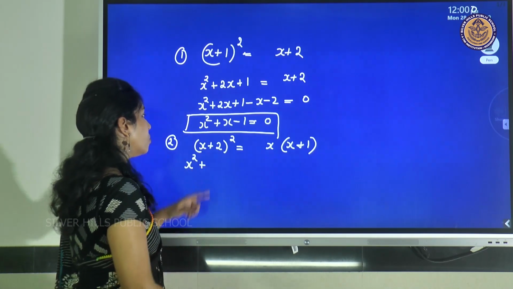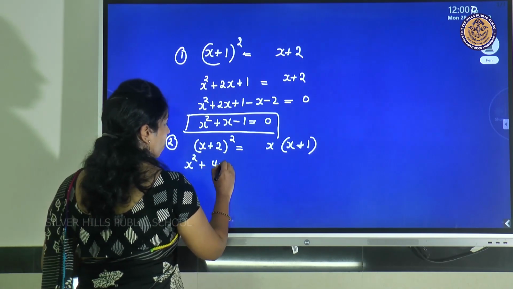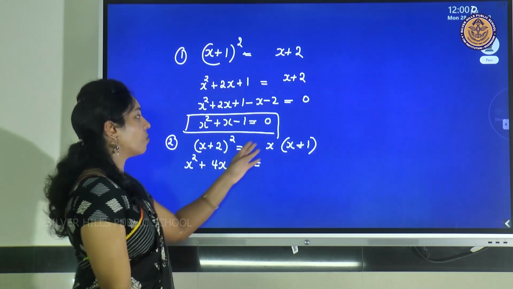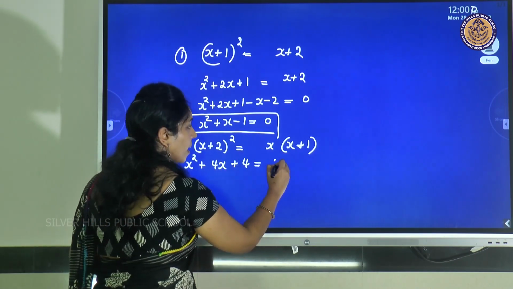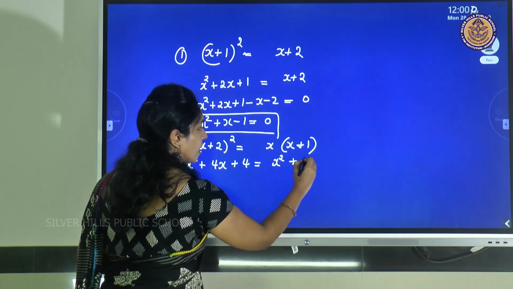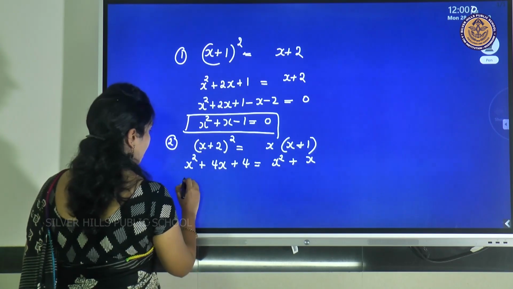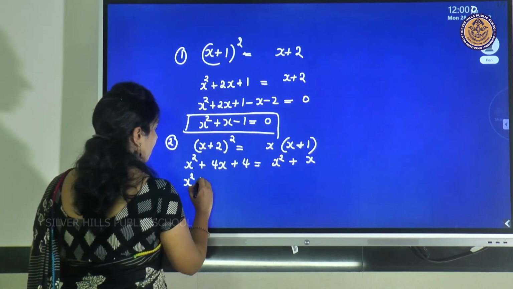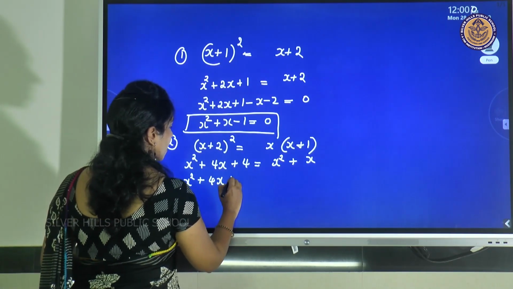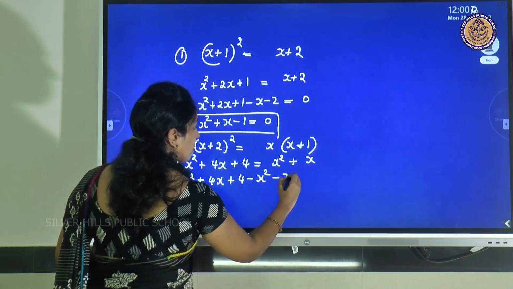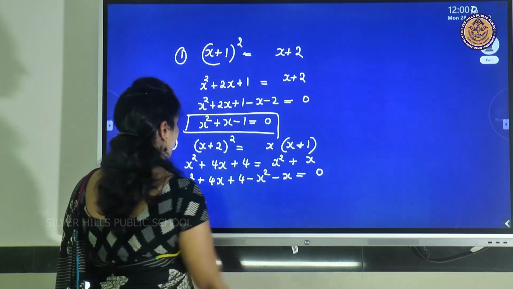So 2 into x, which is 4x, plus 4 equal to, now just open the bracket and see, we get x square plus x. Now we shift everything to the left side. So x square plus 4x plus 4 minus x square minus x equals 0.